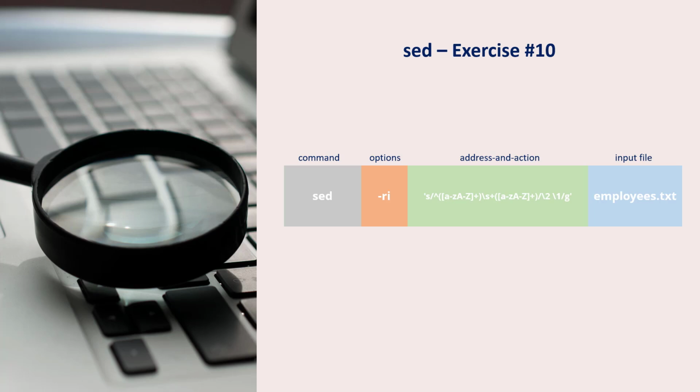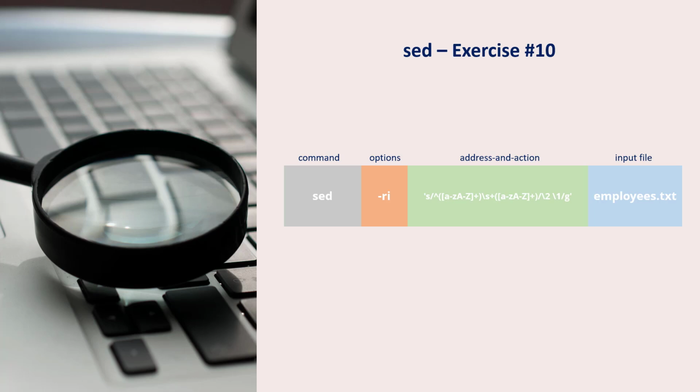To achieve this, we need what is called capture groups defined in our search pattern regular expression. You can refer to the bonus section in this course to learn more about capture groups in regular expressions. For this exercise on sed, I will go forward assuming that you have a basic understanding of capture groups, or else I will have to digress, which is kind of distracting and makes us lose focus on sed.